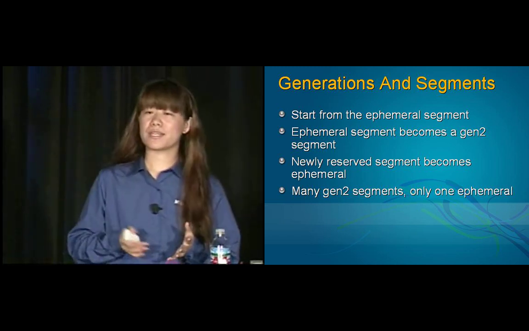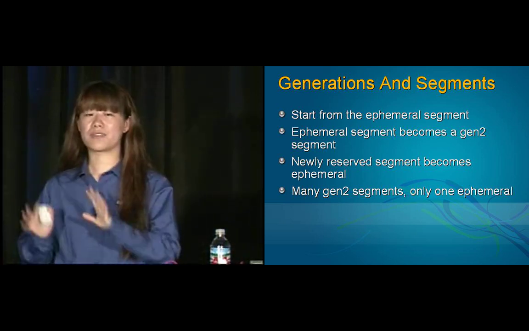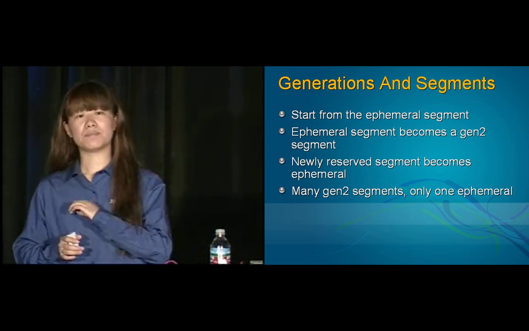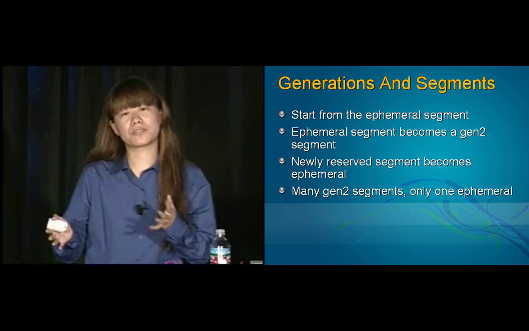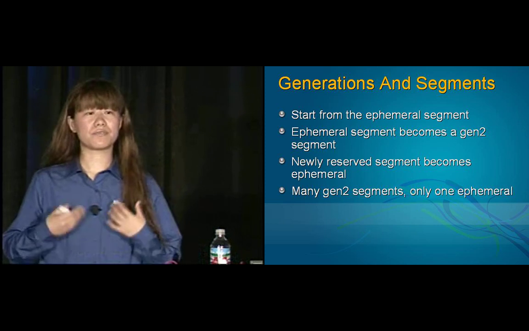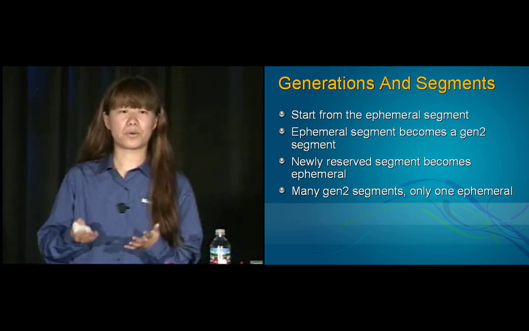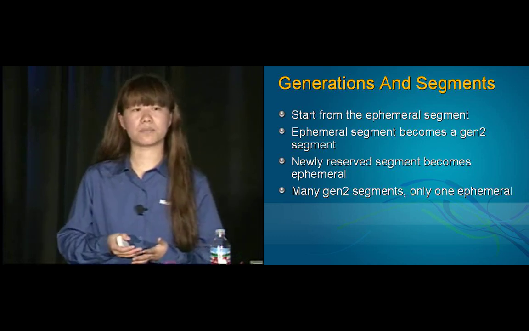The ephemeral segment can also have objects from Gen 2. When you survive from Gen 1, get promoted into Gen 2, Gen 2 could also live on this segment. However, when you're running low on the ephemeral segment, we need to acquire a new segment, which is what we call expanding the managed heap.